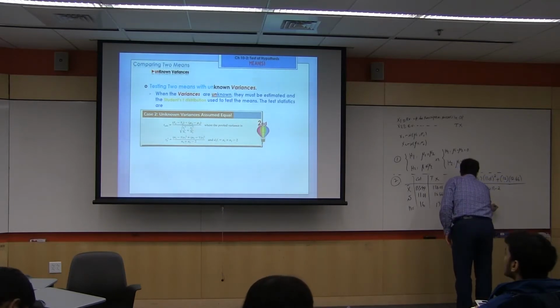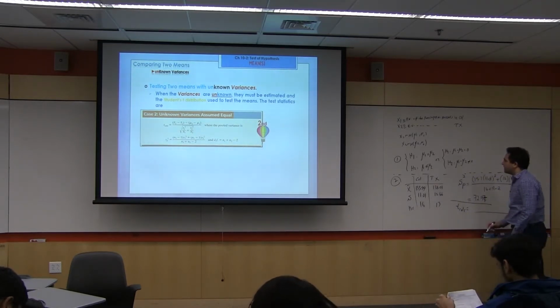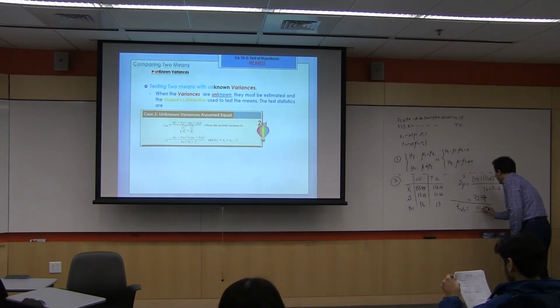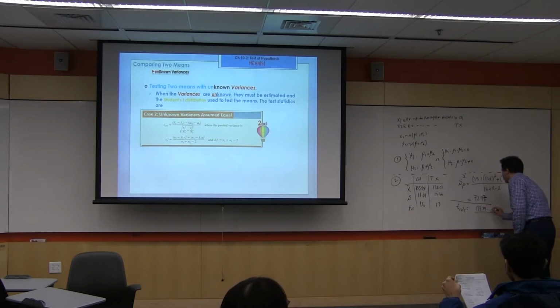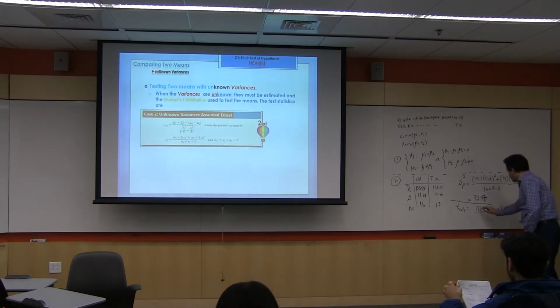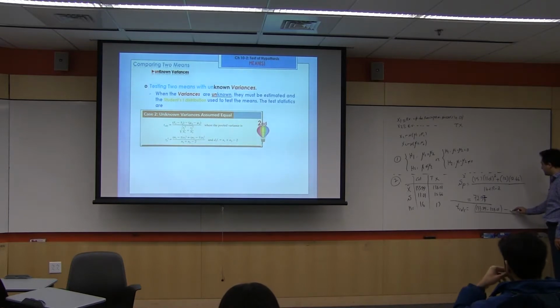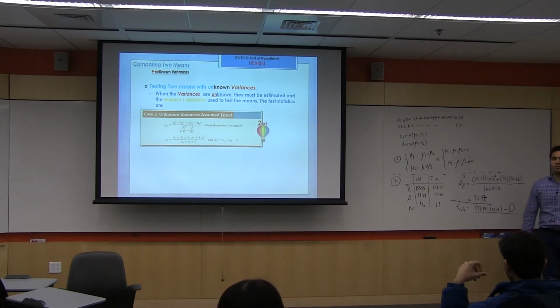I'll write it here. T calc equals x bar 1 minus x bar 2, 133.99 minus 138.01. This is x bar 1 minus x bar 2, minus the difference of means, which is 0. I'm testing mu1 minus mu2 equals 0.